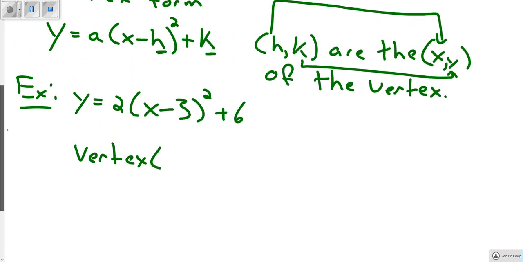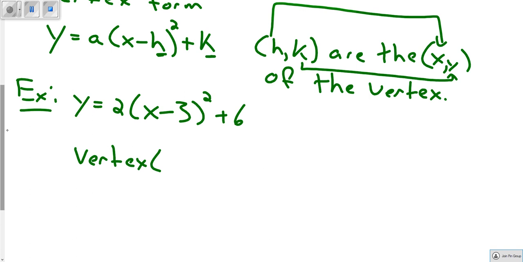Let's explain this one. See here how in the formula there's a negative h value? What that negative symbol does in the formula is it changes the sign of your h value. So if it's negative in the formula, the actual h value would be positive. Are there any situations where it's positive? Yeah, absolutely. I'll show you another one here. So there's your vertex.